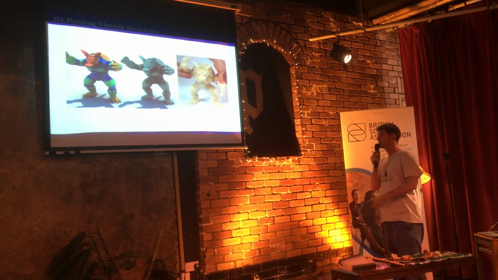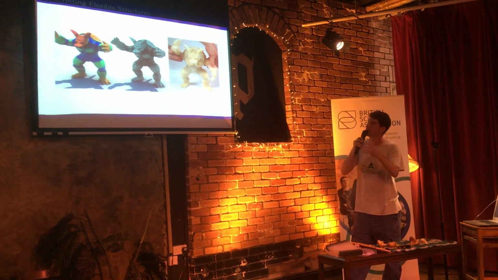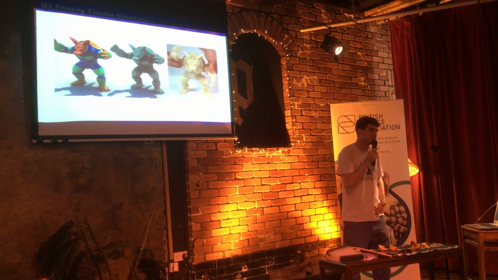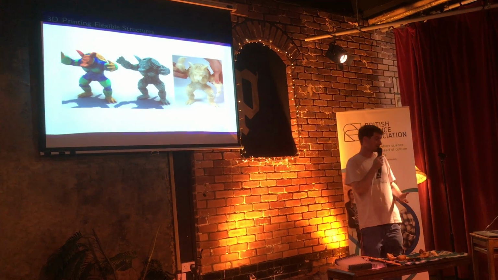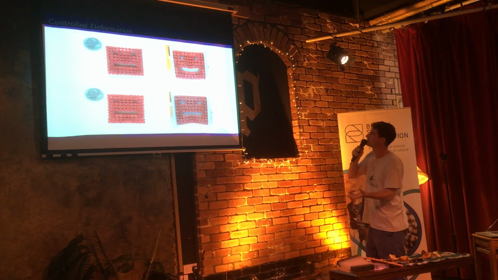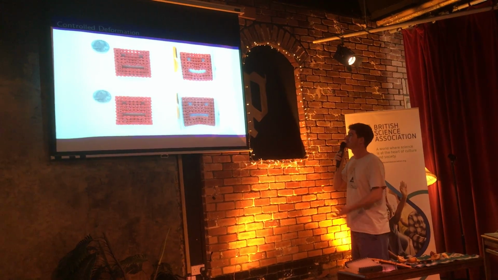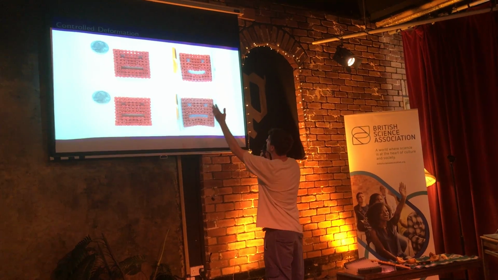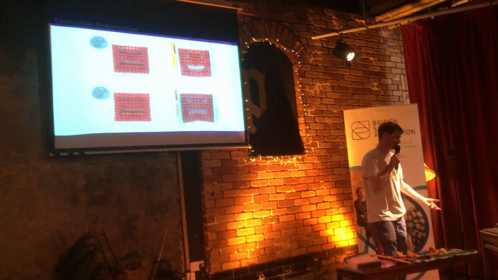And with 3D printing, we're starting to use cellular structures to not only reduce the amount of material we use and the amount of printing time, we can actually make flexible parts because they can be changed in a certain way so it deforms as you want it to. So here we've got two things that look identical, but when you compress them, one of them turns into a smiley face and one turns into a sad face.